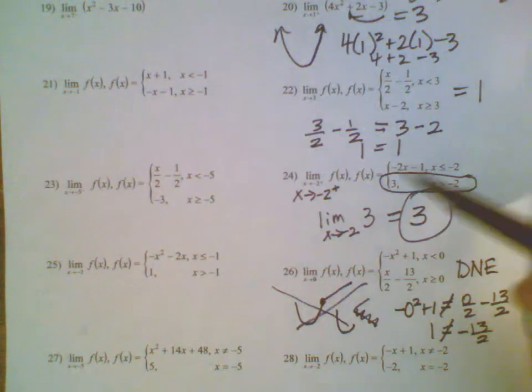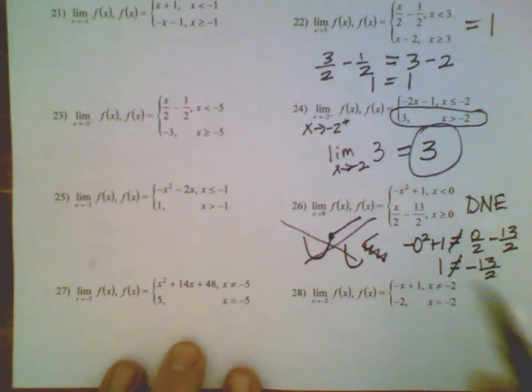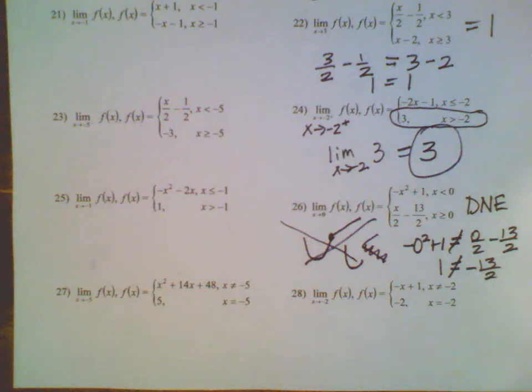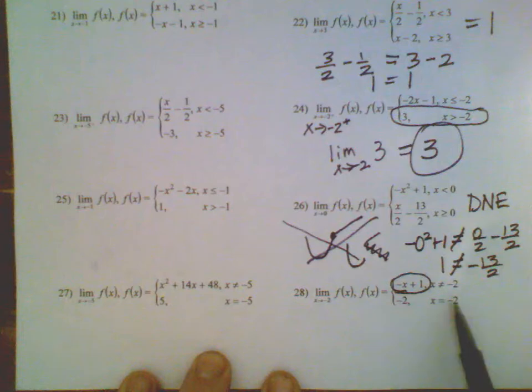On the left it's this line, on the right it's this constant. Well, now we get down to problem number 28, and it doesn't say that. What it says is, it is this line everywhere except at negative 2, and then it's negative 2 at negative 2.